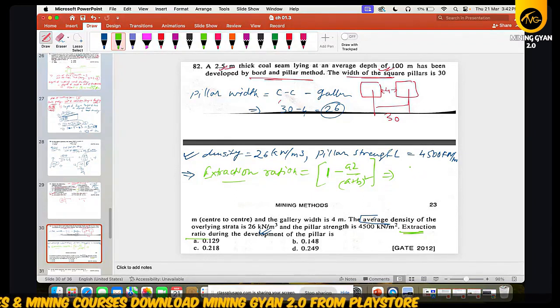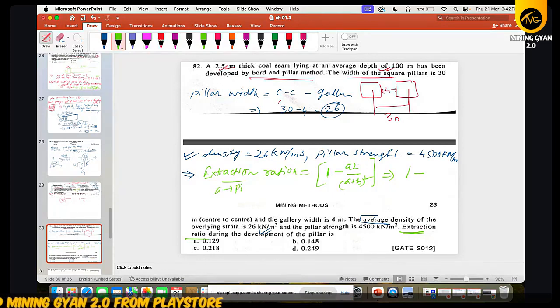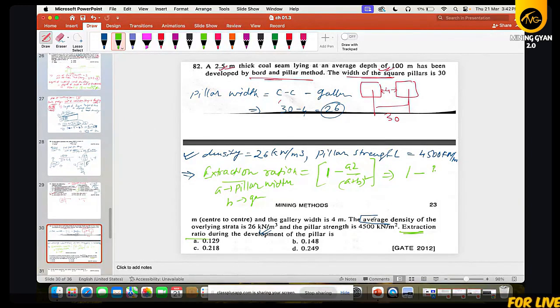The formula is 1 minus (a/b)², where a means pillar width and b means gallery width. So the pillar width we calculated is 26, squared over a plus 4, which is 30, squared.